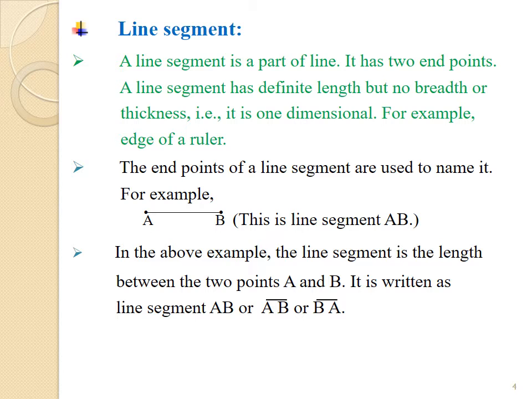The endpoints of a line segment are used to name it. For example, this is line segment AB. In the above example, the line segment is the length between the 2 points A and B. It is written as line segment AB or BA.